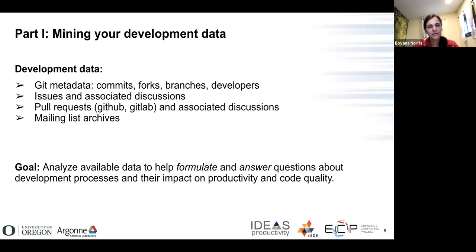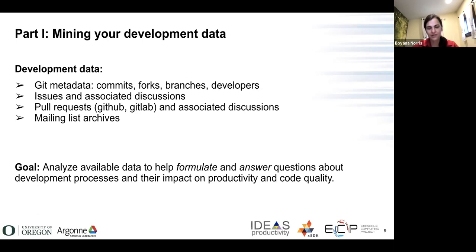Development data is any metadata that you create and generate as you use modern software development practices. And that includes Git metadata, the commits and associated data, forks, branches, pull requests.